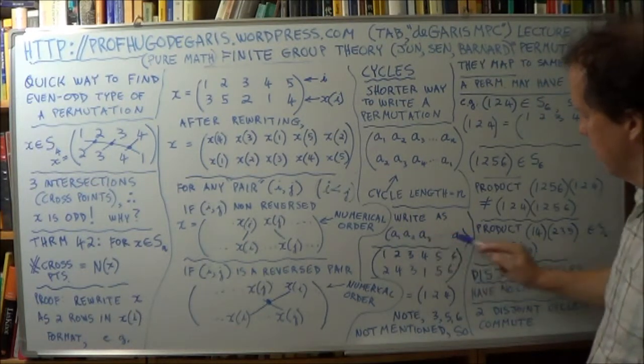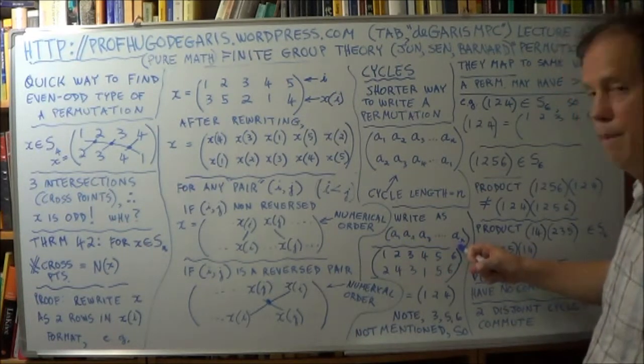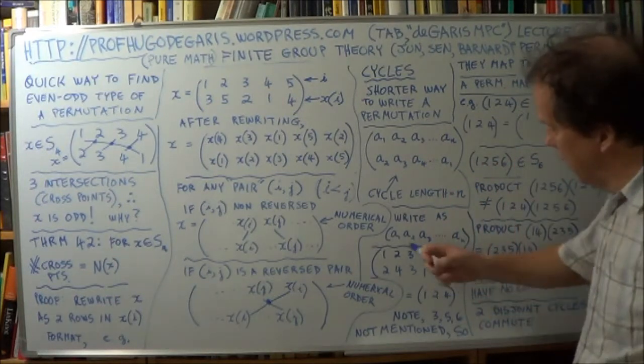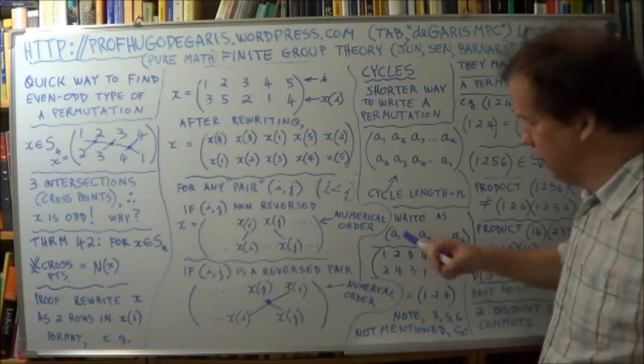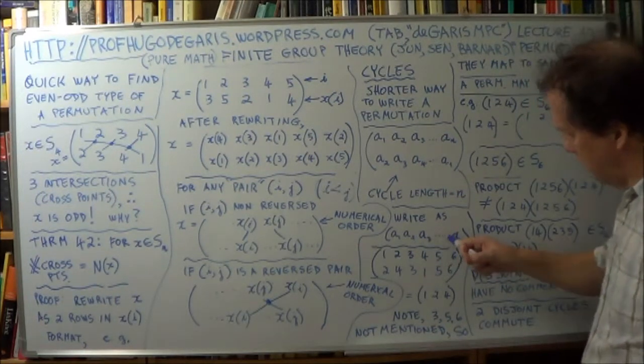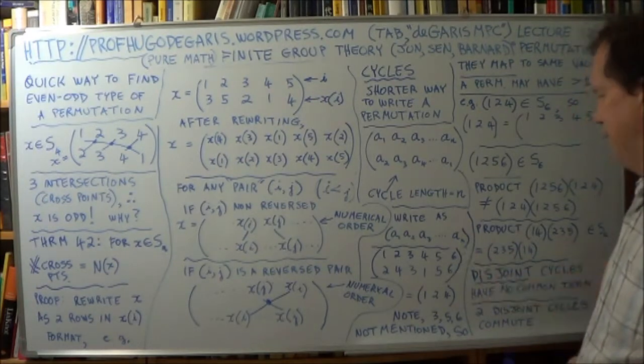You just write A1, A2, A3, ..., An. And when you see this, what it means is that A1 maps to A2, A2 maps to A3, ..., and A(n-1) maps to An.